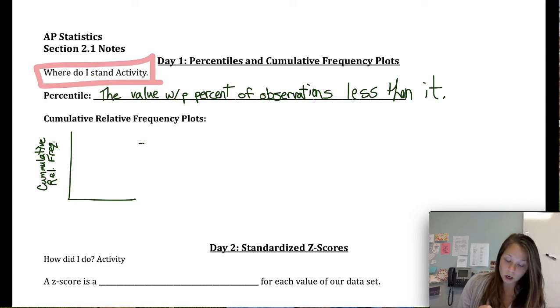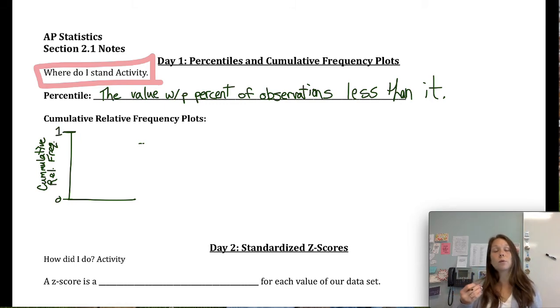We always start at 0 at the bottom, and at the very top it's always 1 because it's cumulative. That means if we take all of our data sets and continue to build and add onto them and stack those numbers on top, once we get to the end of our data set, we'll be at 100%, or we'll be at 1. So that's why it always starts at 0 and ends at 1.